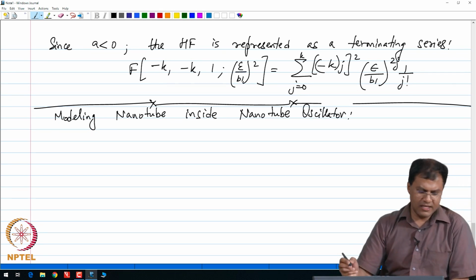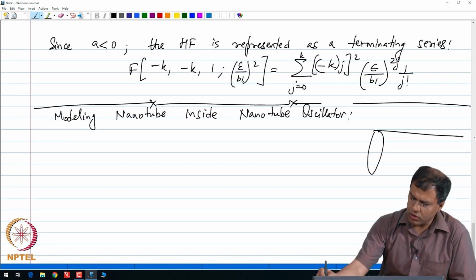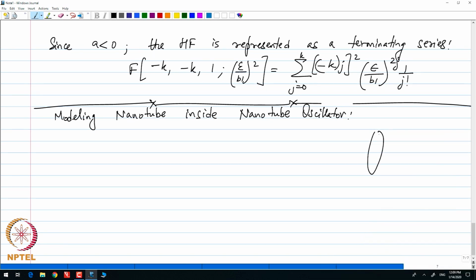Okay. And the nanotube oscillator, let me just draw two nanotubes, and I see that the inner nanotube is the following, right. So, this is at a distance d. In this device what we have is a double walled nanotube oscillator, and it starts when we pull the inner nanotube by a certain distance, let us say d.